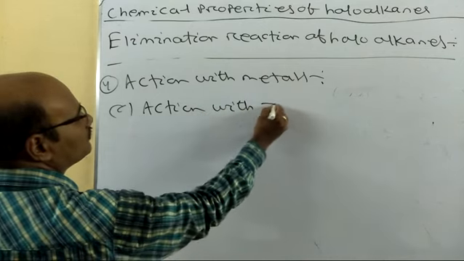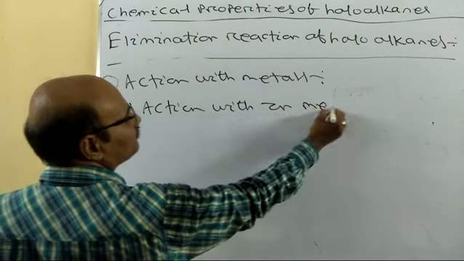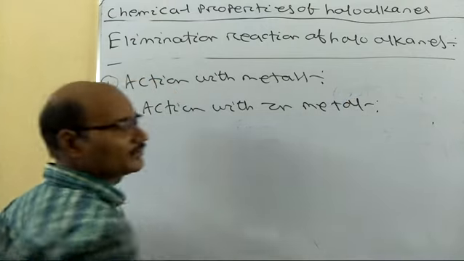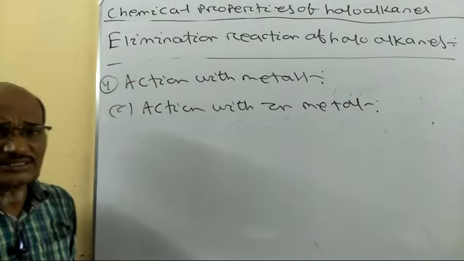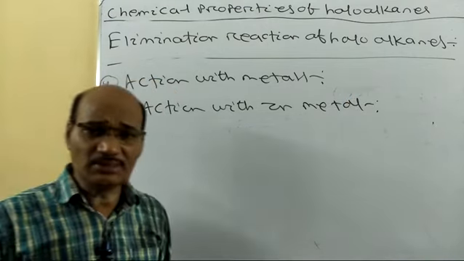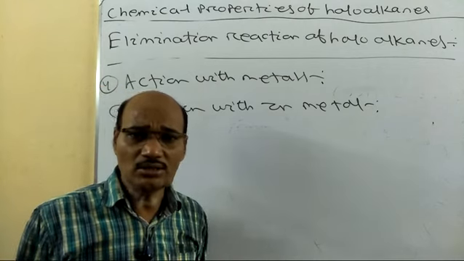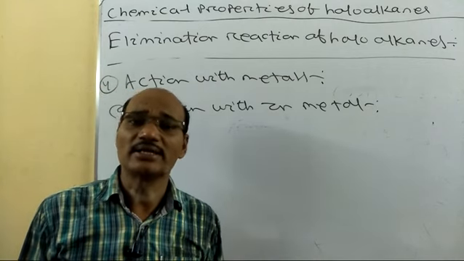Next, zinc metal. Same thing: haloalkanes react with zinc metal in the presence of dry ether to give dialkyl zinc.